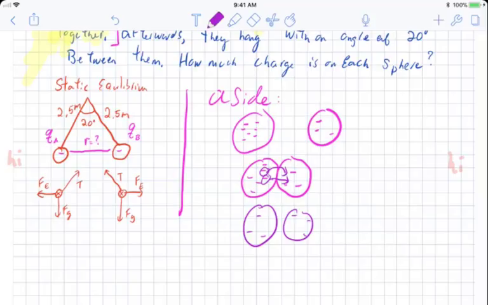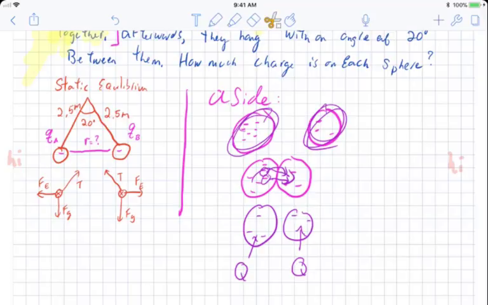And since these spheres that we're talking about have the same geometry, they're identical, electrons are going to move from one to the other until there's the same charge on both of the objects. And so for that reason, we can assume in our question that there's the same amount of charge on both objects.